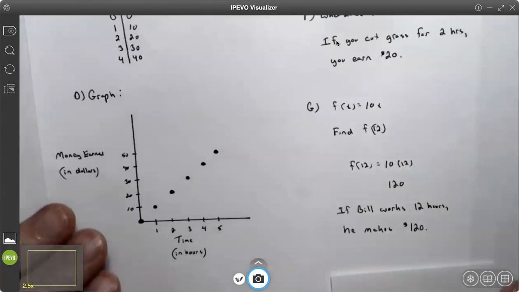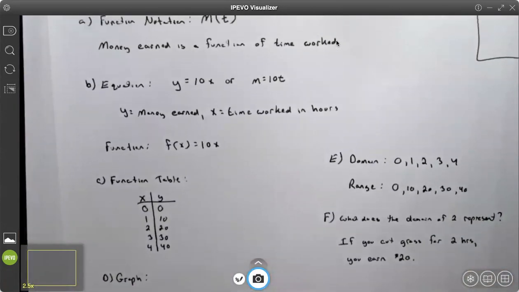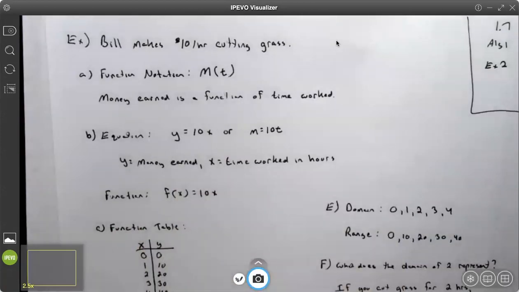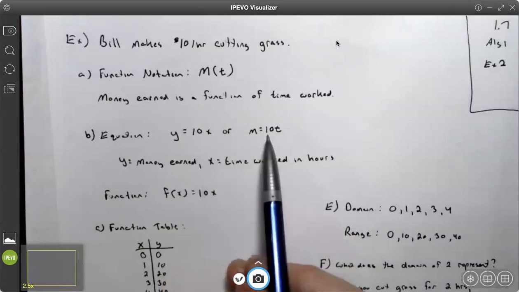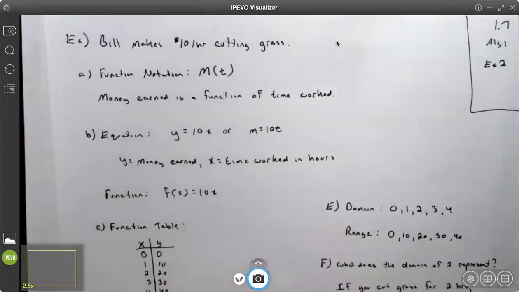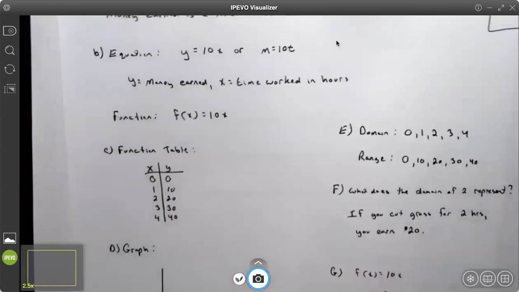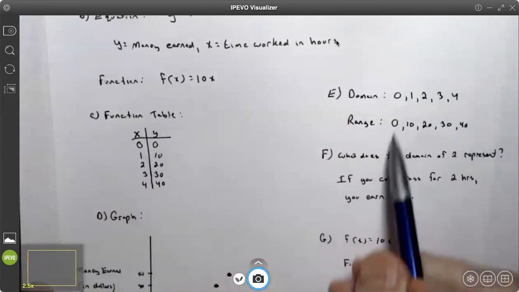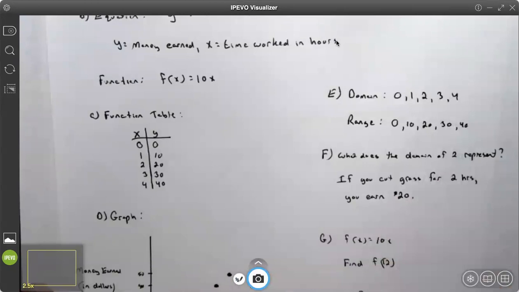So I just wanted to have you see kind of a real life situation, very simple. Bill makes $10 an hour cutting grass. We were able to write it in function notation, slope-intercept form with different variables, write it as a function, a table, a graph, determine the domain and range, and say what the individual domain number represents.